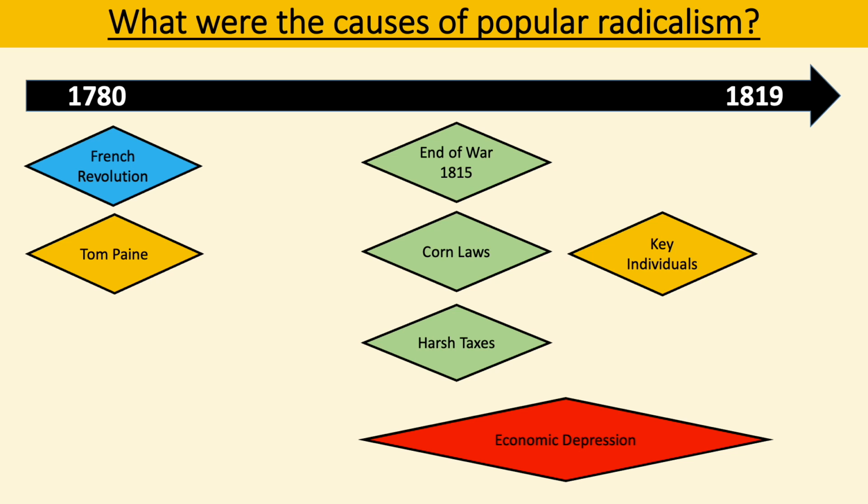The middle of your time period, so paragraph 2, you will talk about the Depression because there was a big depression that hit England in 1815 through to 1819. So you will talk about that in both paragraph 2 and paragraph 3. However, in paragraph 2, I would also expect you to be discussing things like the end of the war and the Corn Laws. And in paragraph 3, I would be expecting you to be mentioning the role of specific key individuals at the time and comparing them to poverty.